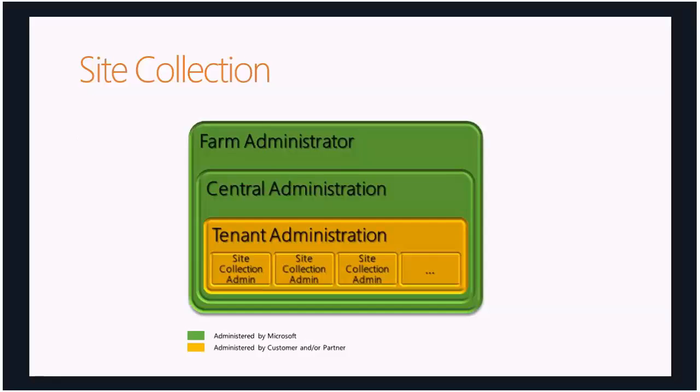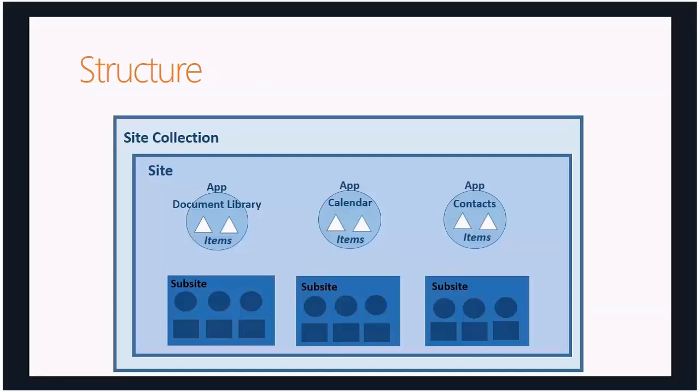So in essence, this is how a SharePoint environment is structured. As I mentioned, at the top level, we have our site collection. Within our site collection, we have a root site. So we basically have a primary site which is the top of our tree, I suppose, or the base of our tree. And inside that site, we can create a number of apps.